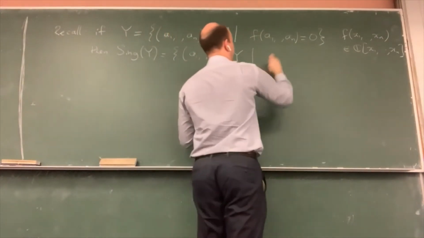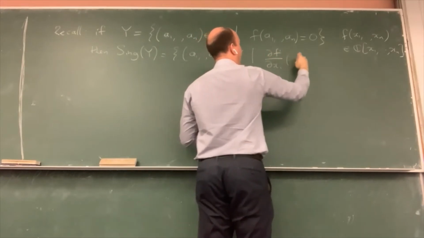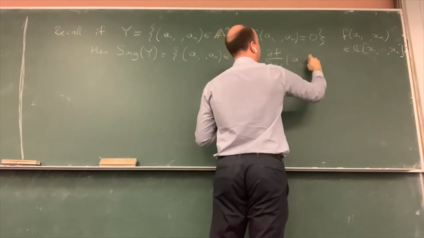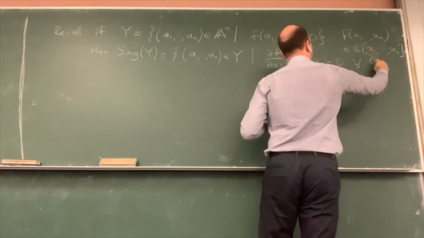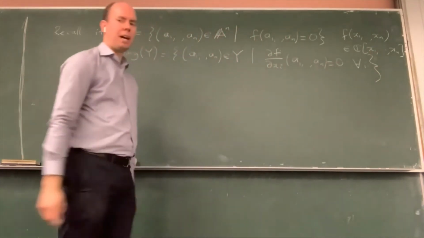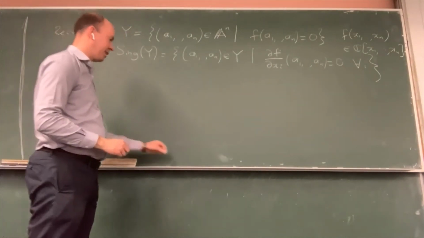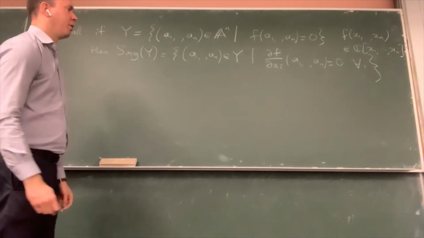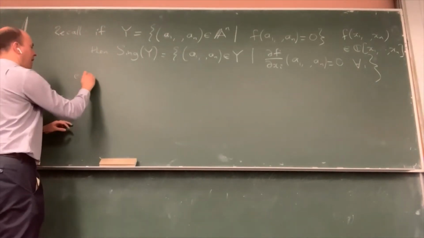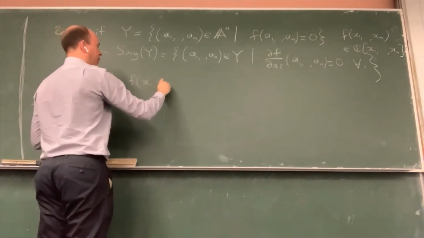But then it's exactly the ones where all the partial derivatives of the polynomial vanish as well. It's not hard to relate this condition to the definition of tangent space that I talked about a couple of weeks ago.